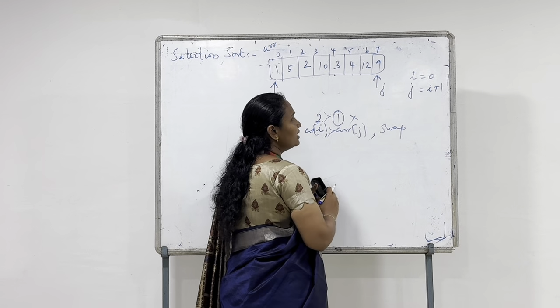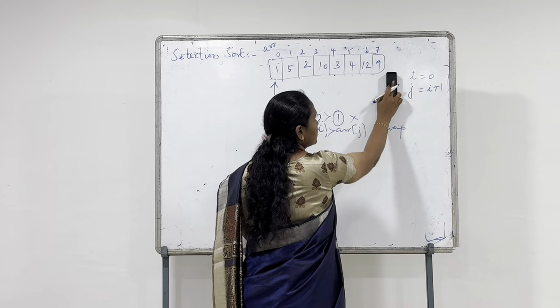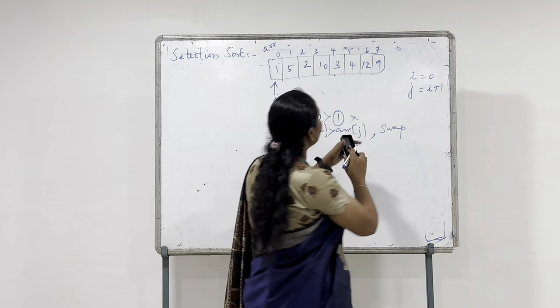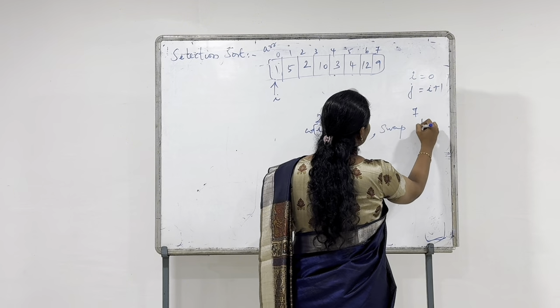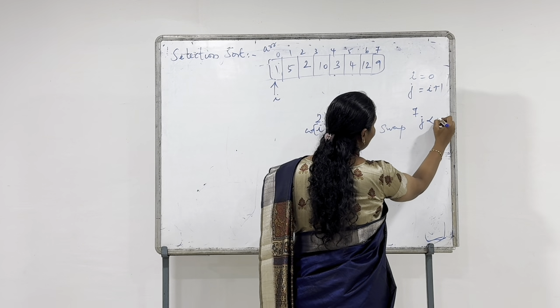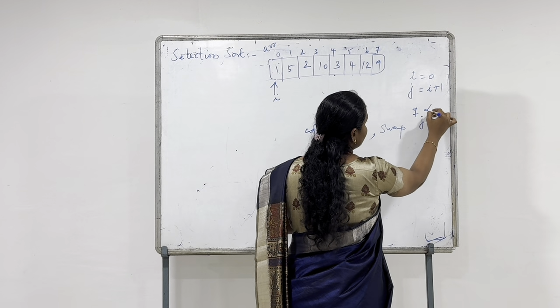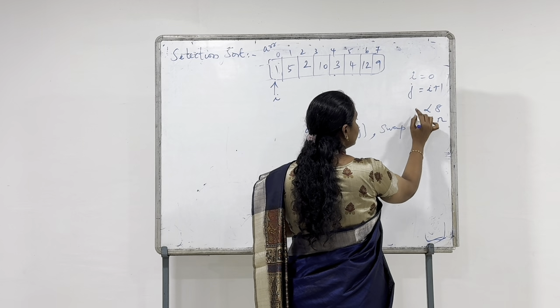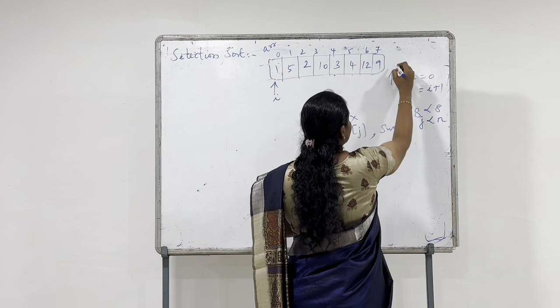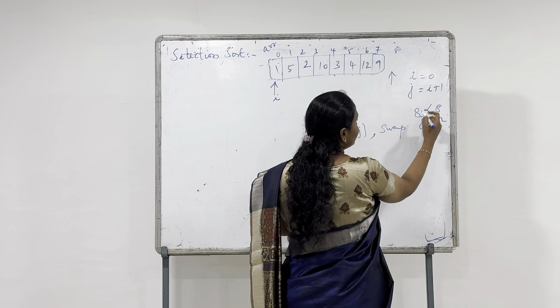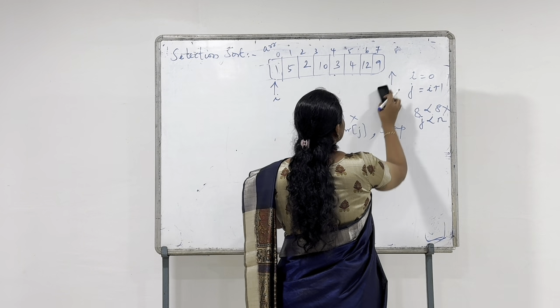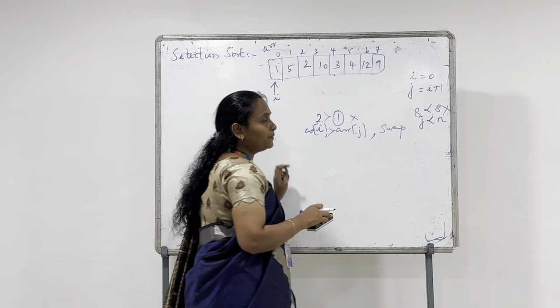After that, the inner loop value is 7, so j should run up to n. 7 is less than 8, the condition is true. After that j gets incremented to 8. 8 is less than 8, the condition is false. So the execution stops here.